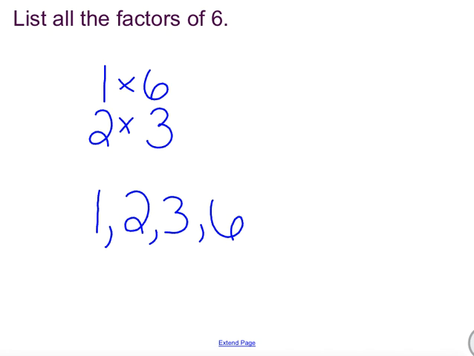And what I did is I actually started here, and then I did this U shape, right? So I went all the way down 1, 2, and then I went around to 3, 6. So when you are listing factors of a number, they always must be put in order from least to greatest.